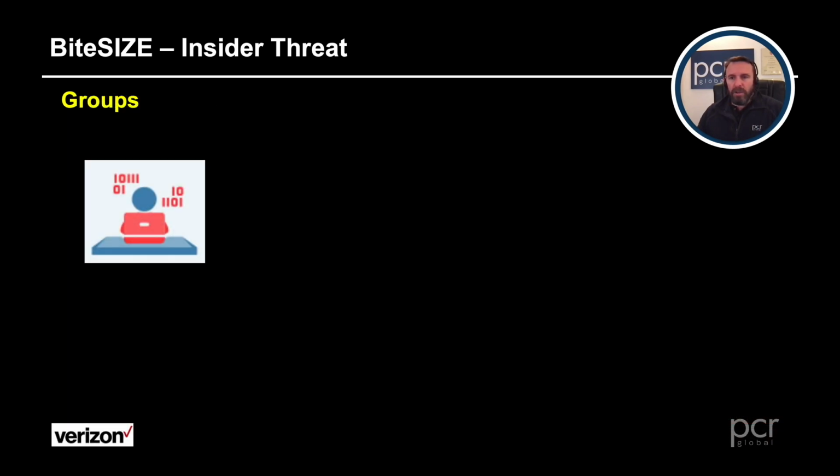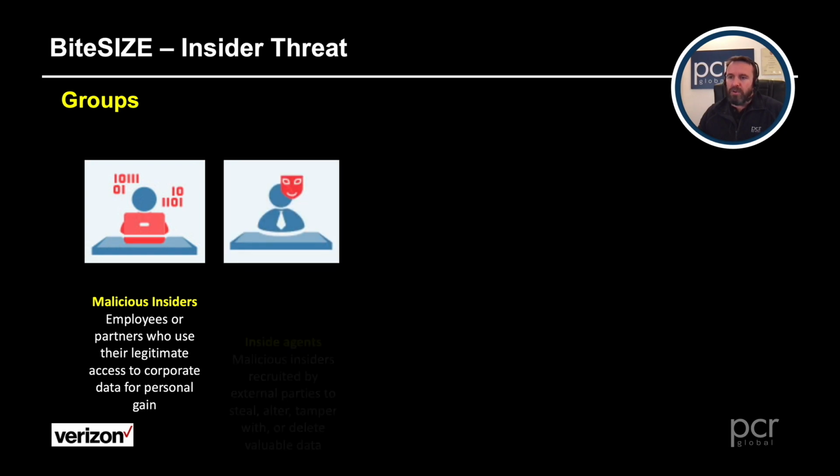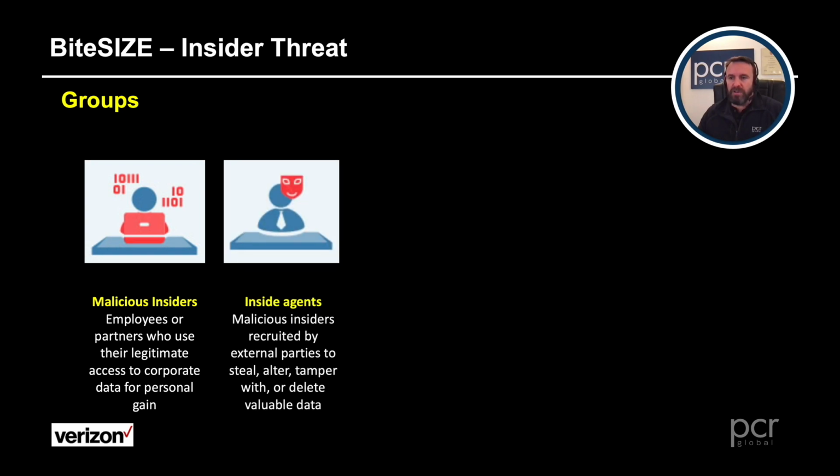On the bottom left there, you can see an organisation called Verizon. Not sure, they're an American company, but they talk to us about malicious insiders. These are employees or partners who use their legitimate access to gain access to corporate data for personal gain. Inside agents, again malicious insiders, recruited by external parties to steal, alter, tamper with or delete valuable data.